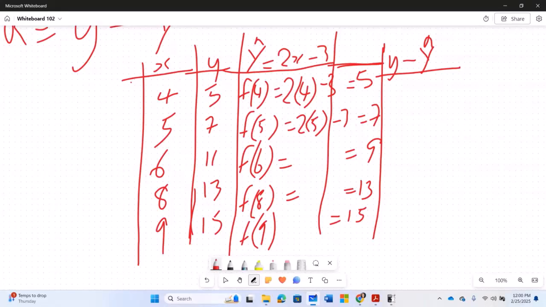So right here, 5 minus 5 is 0. 7 minus 7 is still going to give me 0 here too. And this is 11 minus 9. 11 minus 9 is 2. This is 13 minus, let's go put it in our calculator.